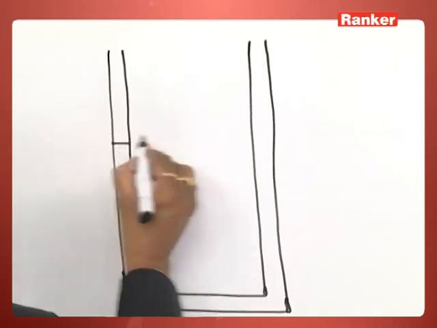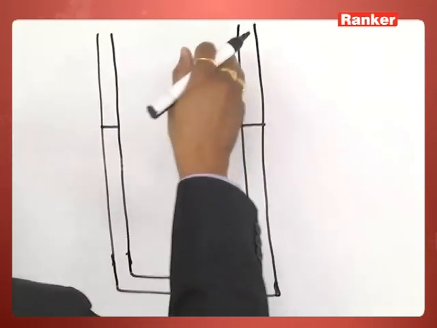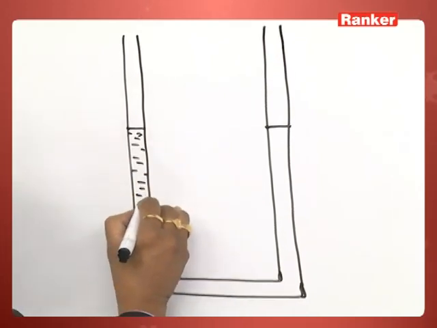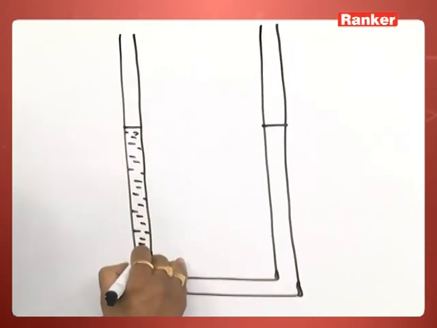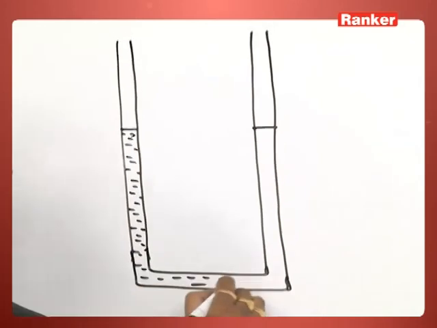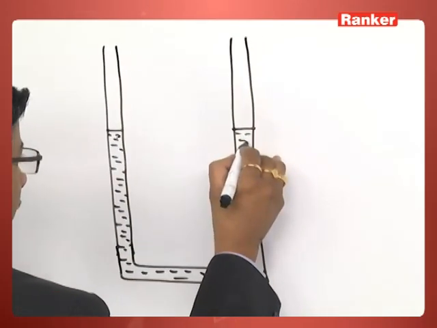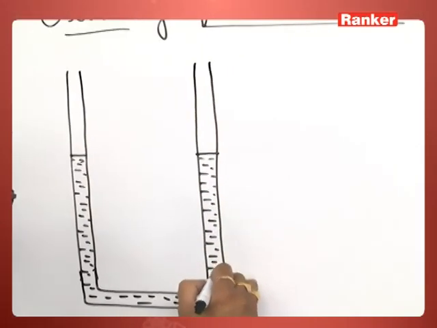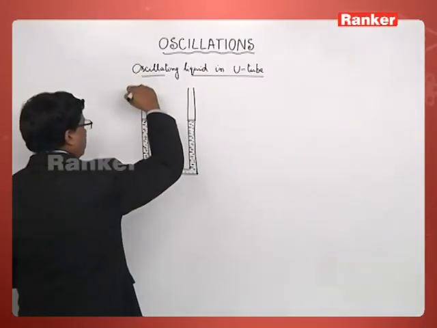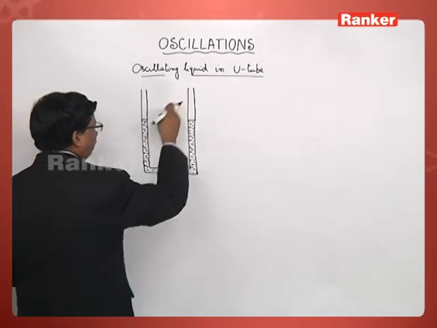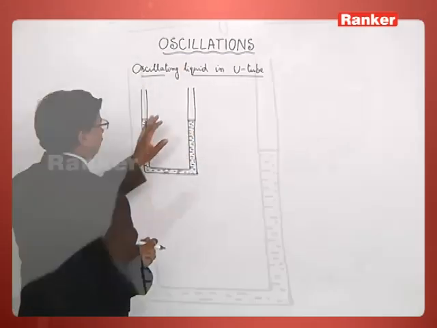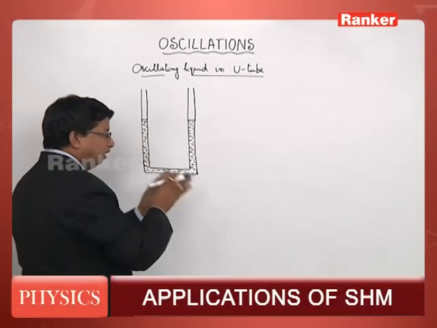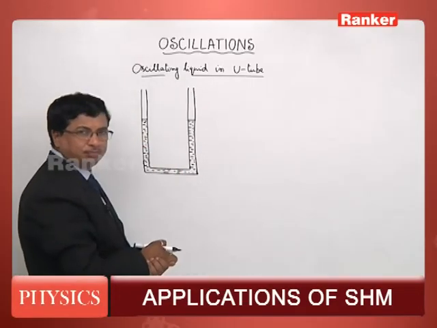Initially, the level of liquid in both the limbs is the same. This is all liquid now, which we can directly understand. Since both the ends are open to the atmosphere, whatever atmospheric pressure acts on this one, the same atmospheric pressure acts on the other one as well. Therefore, both the liquid levels are going to be equal. They will be the same.